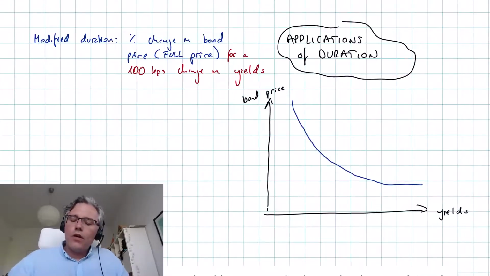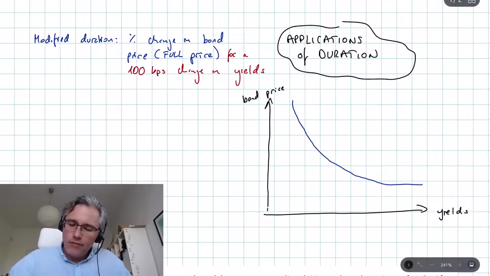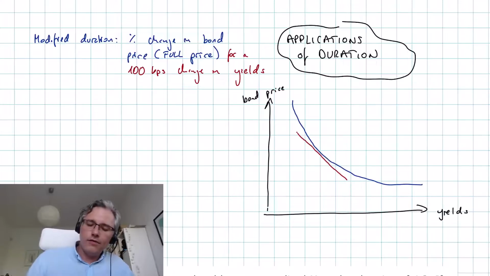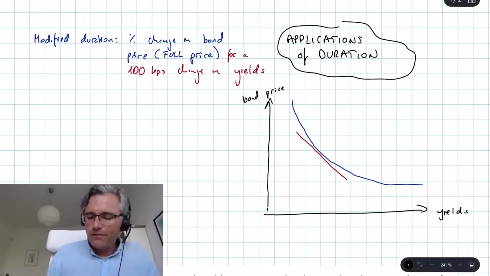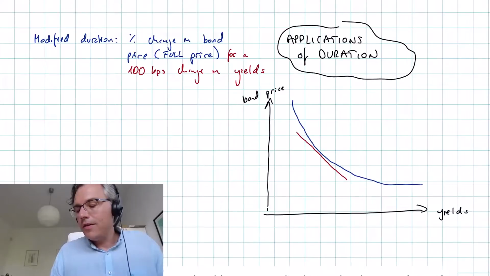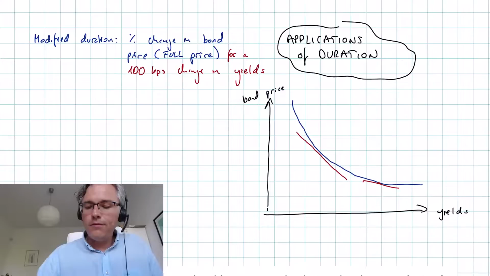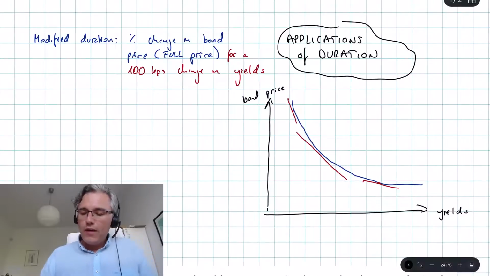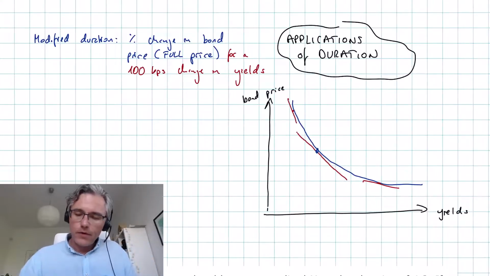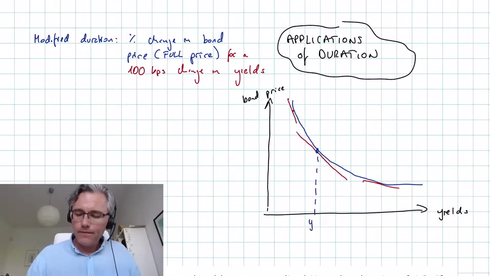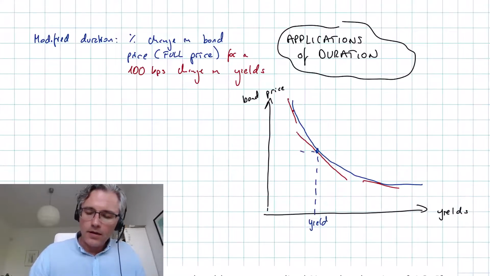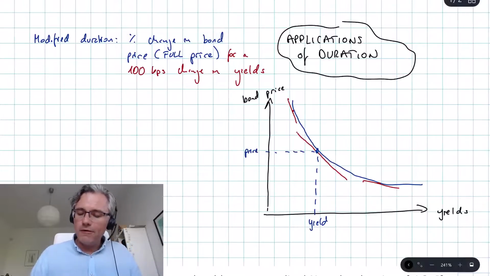So what duration tries to tell us is pretty much the slope of that curve at any given point in time. And that curve changes depending on whether you are currently here or up here. So for a given level of yield and price, what will happen if yields go up or down?